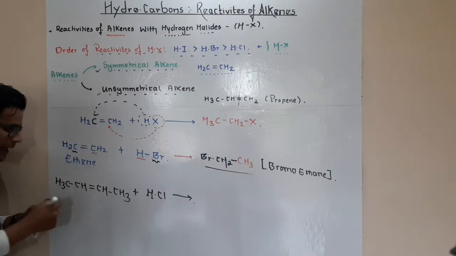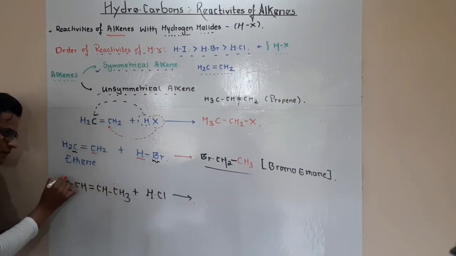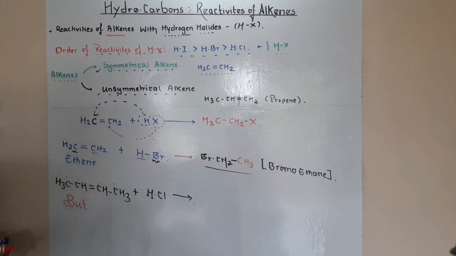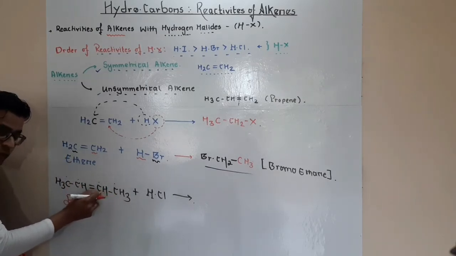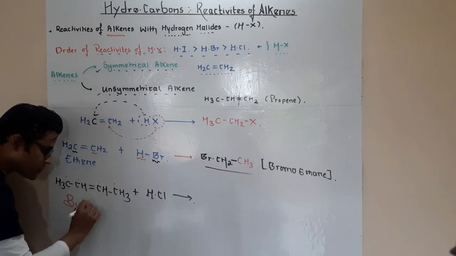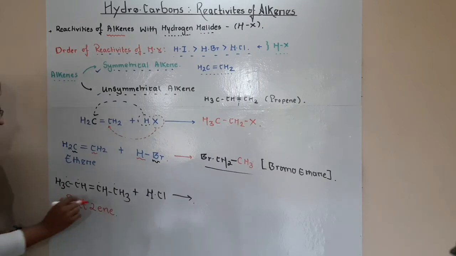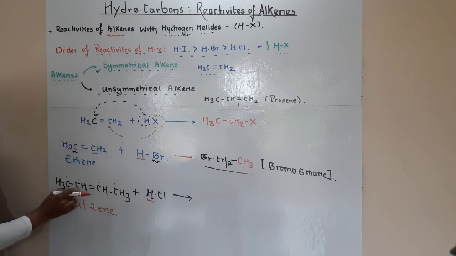If we look at the name, 1, 2, 3, 4 carbons means but. It has a double bond, ene. Where is the position of the double bond? It is at carbon number 2. So it becomes but-2-ene.